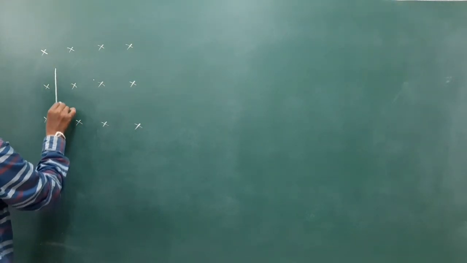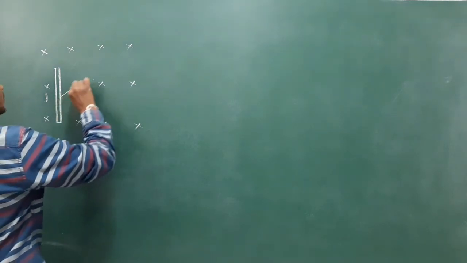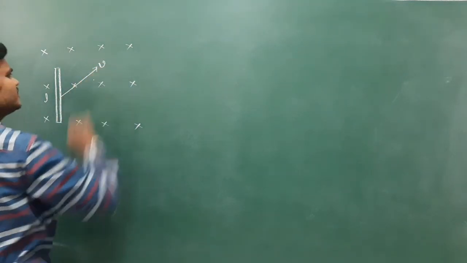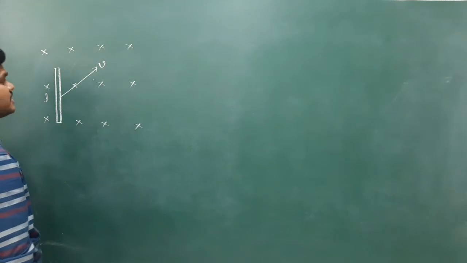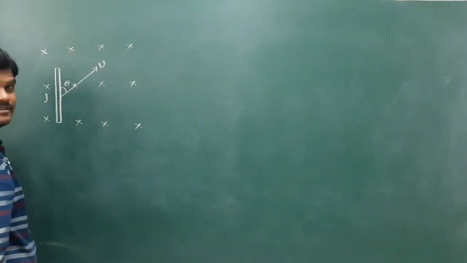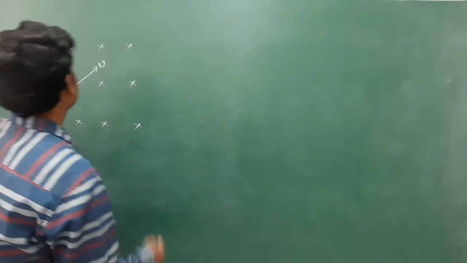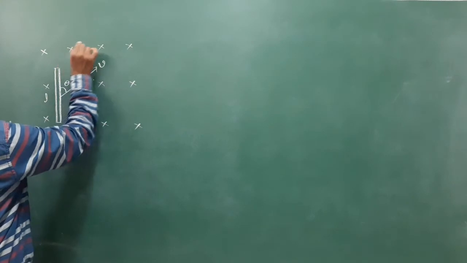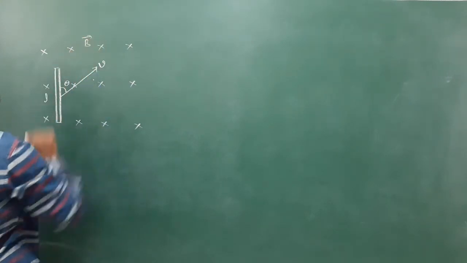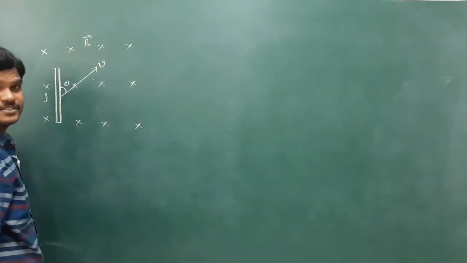I think the same model was covered in the last class, but once again, this is L, and the rod moves with a speed V, making some angle theta. Write the equation and find the induced EMF here. B is into the board, and the rod is moving like this.